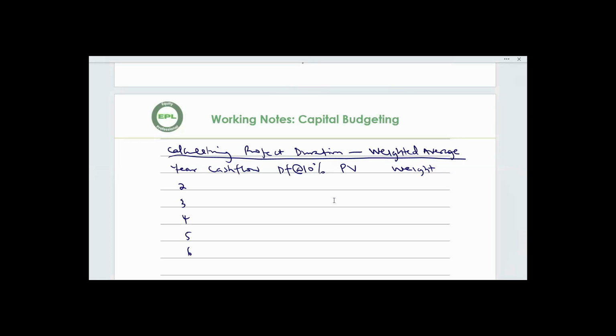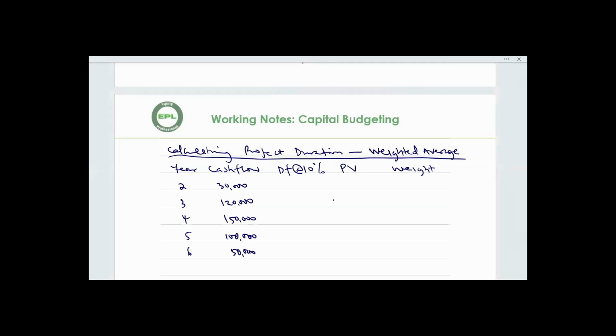Cash flow for year 2 is 30,000, then 30,000, 120,000, 150,000, then year 5, 100,000, then 50,000.